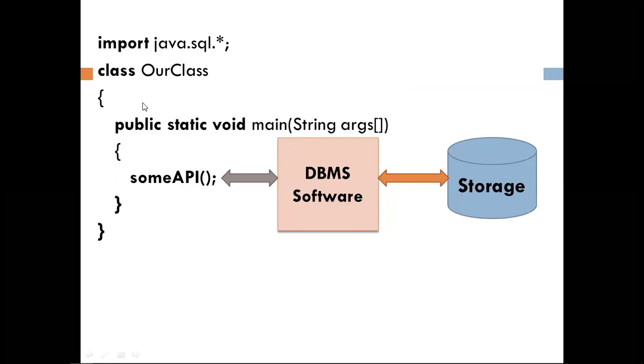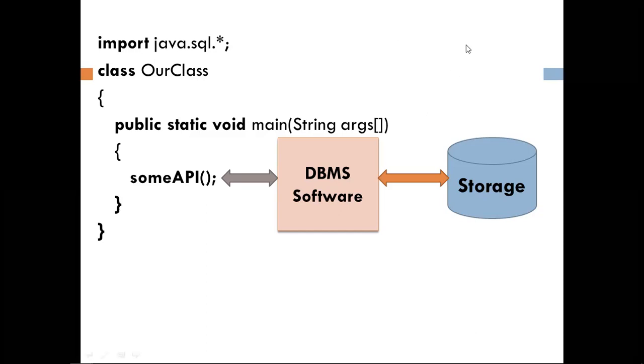Then from the APIs present in this package, we will be calling the DBMS software. Then the DBMS software, based on the function call, will perform the actions in the secondary storage. Keep these things in mind because they are required for today's class.